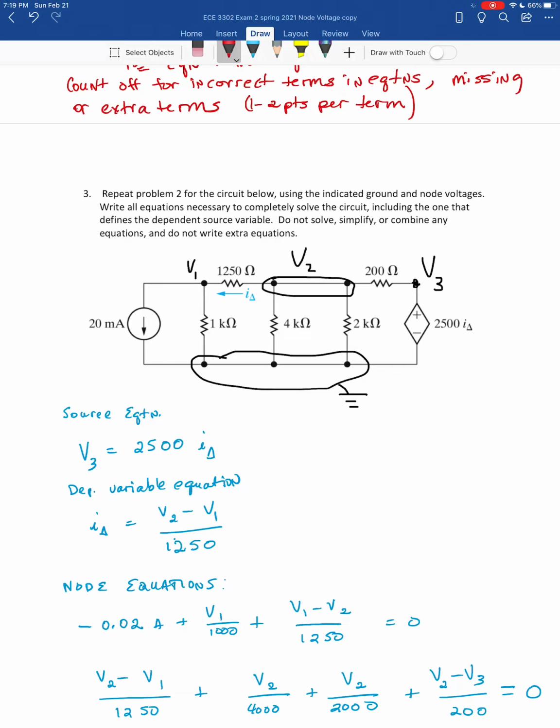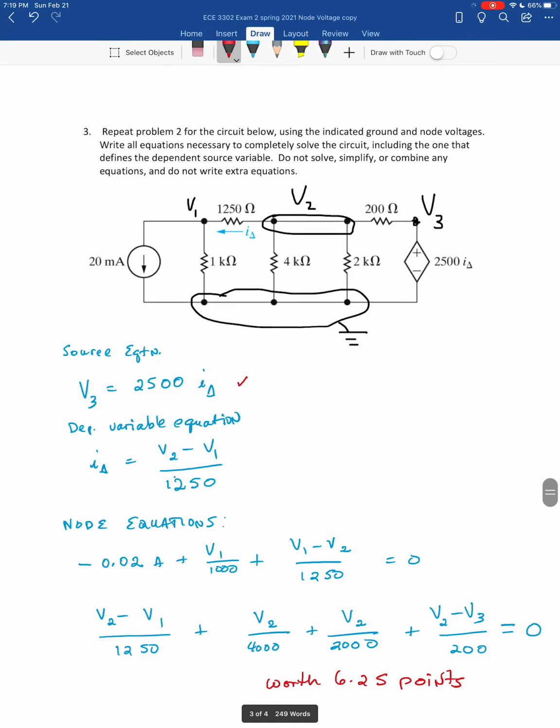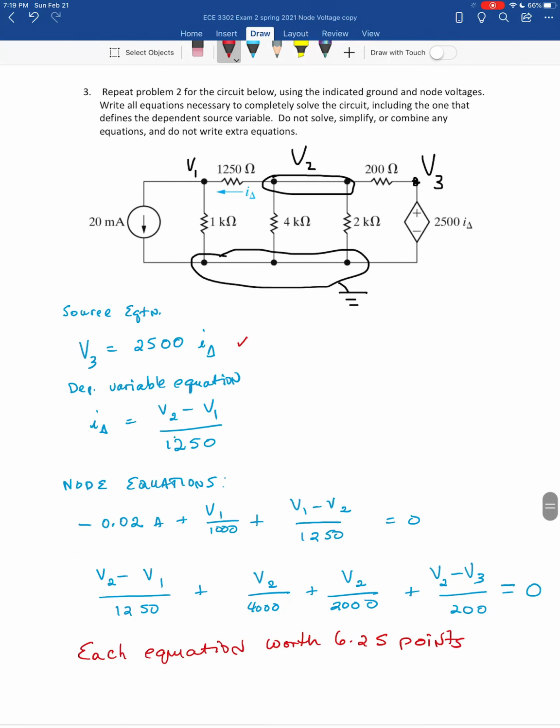Question number 3. Once again, the only difference in question 3 and question 2 is that question 3 contains a dependent source. And so that would require that you write this dependent source equation. First of all, you write the equation that defines the node voltage at V3. And then you have to write the equation that defines the variable I delta.